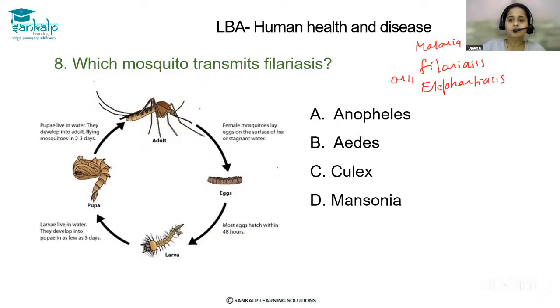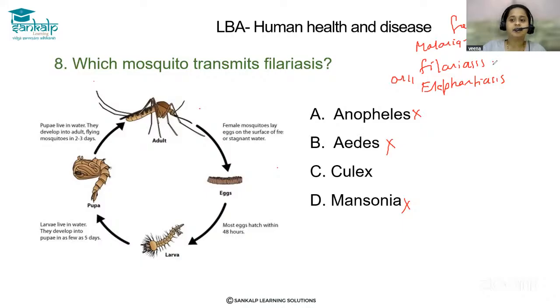Malaria is caused by the female Anopheles mosquito. So Anopheles is not correct here, right? Aedes is also not correct. Even Mansonia is not correct.